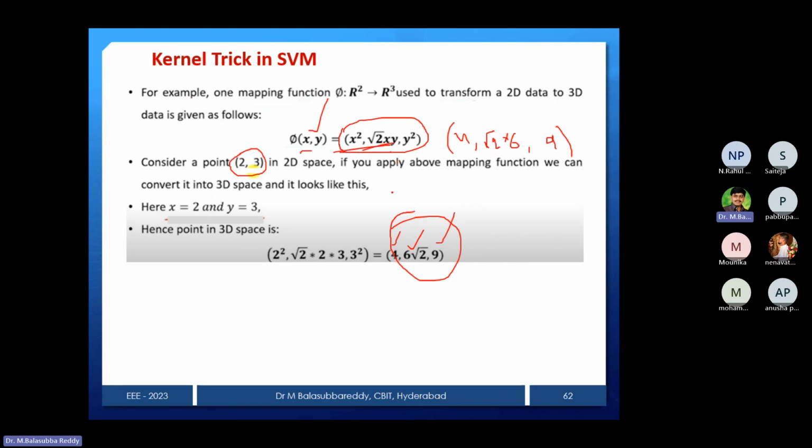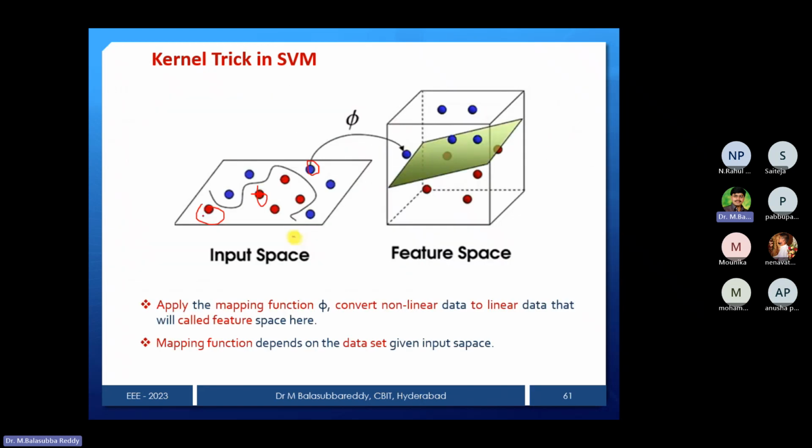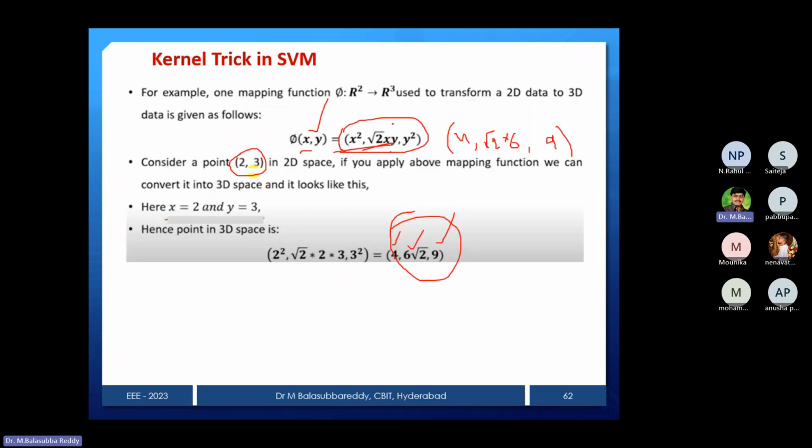Now, if I do it this way, the mapping from 2D to 3D plane plays an important role, but there are many disadvantages involved, such as more computational cost. If there are only very few data points, you can use this formula to convert into this plane and go for the division, I mean the hyperplane.